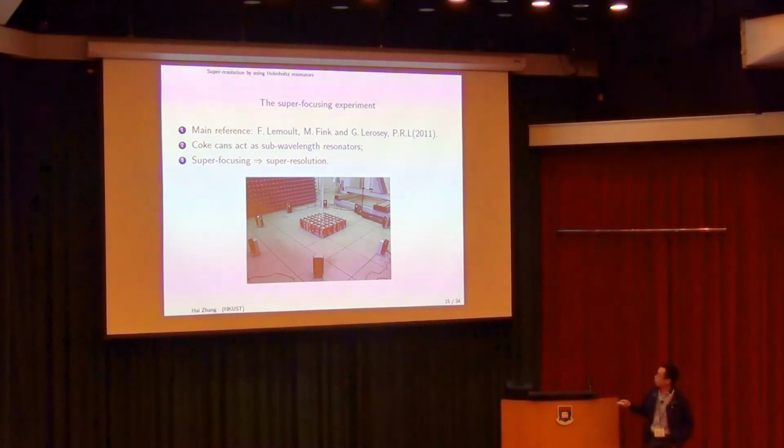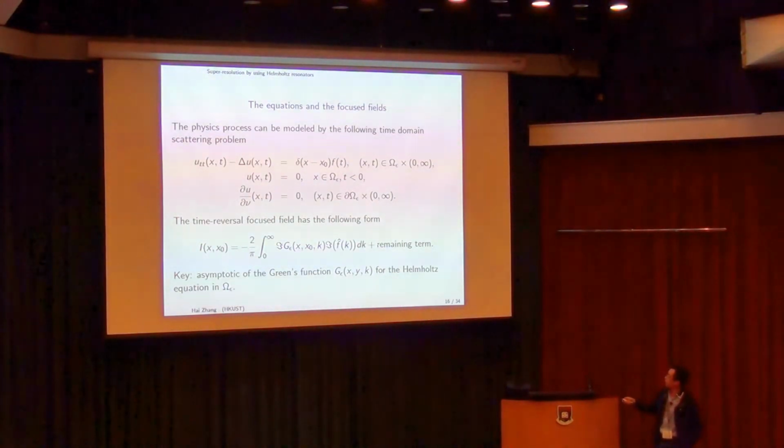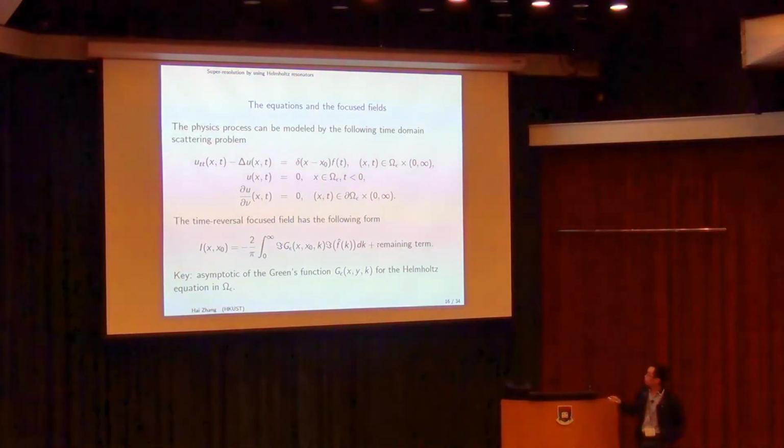I'm very interested in this experiment, so I tried to explain this using mathematics. The physics can be modeled by this time domain scattering problem. We have a point source, and the point source emits a signal f(t), and we have Neumann boundary conditions.